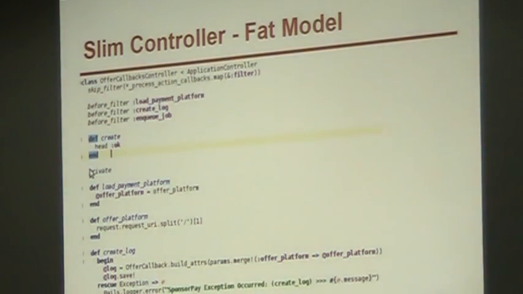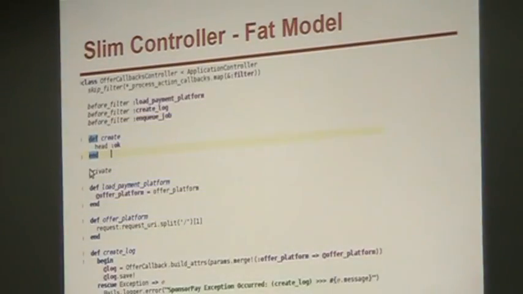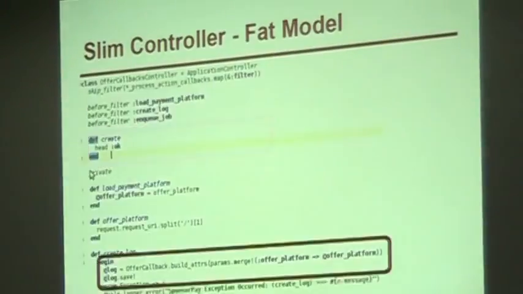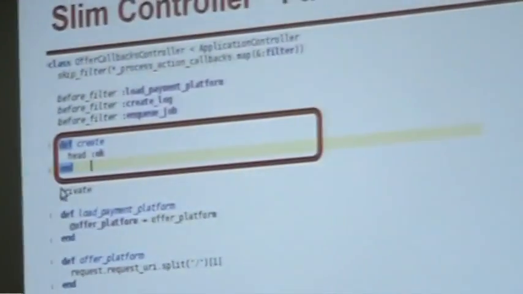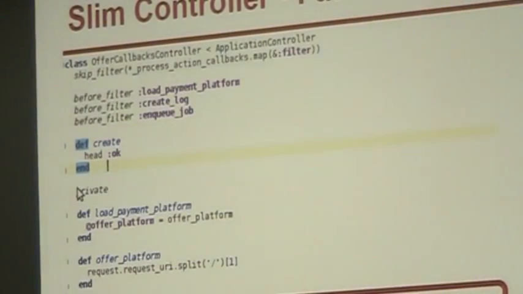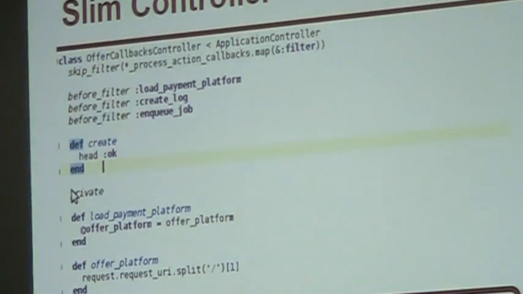And it becomes clear what the controller actually does because we structured it in such a way that we use filters and we abstract the validation of the records to the model. And here's a view of the model.